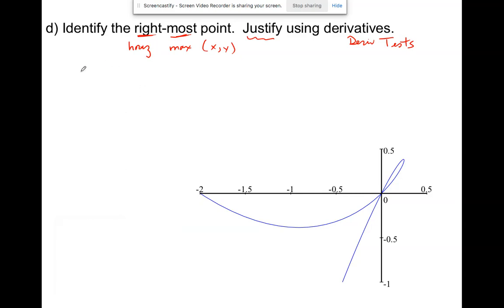So the horizontal component was t minus what? T squared? So what was using derivatives? Now I can see, hello, that's the furthest right I go.